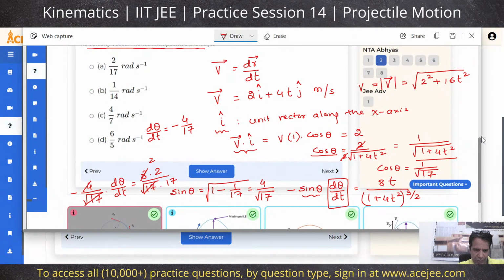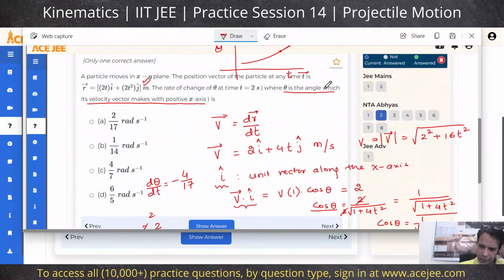Let's quickly check. Have we gone wrong somewhere? Have we missed out something? Let's take a look. The velocity vector is correct. Yep, so it is 2i. If you differentiate with respect to time t, you'll get 2i plus 4t j cap.